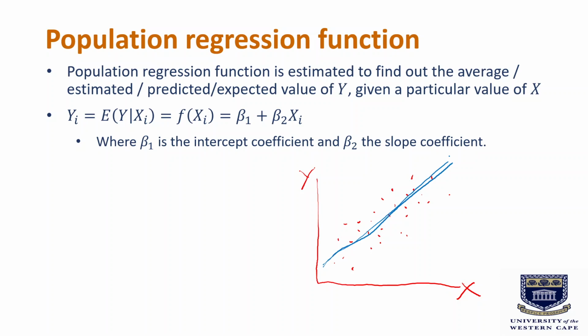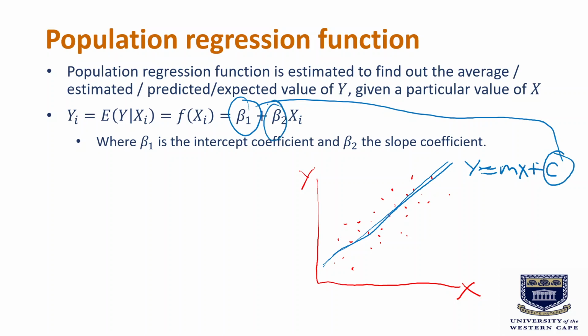And of course, when we have a single line, we use the familiar y equals mx plus c formula to describe any straight line in xy space. In this case, our beta 1 parameter corresponds to the constant, and our beta 2 parameter corresponds to the slope.